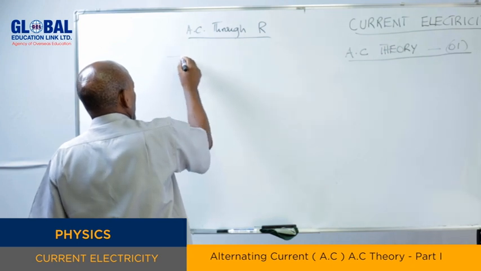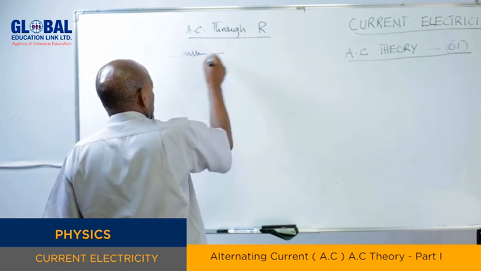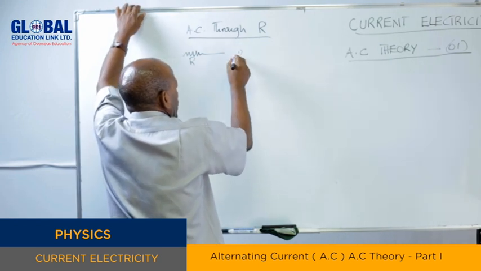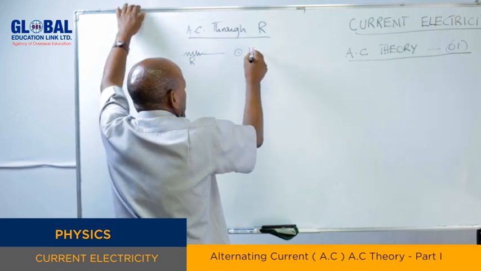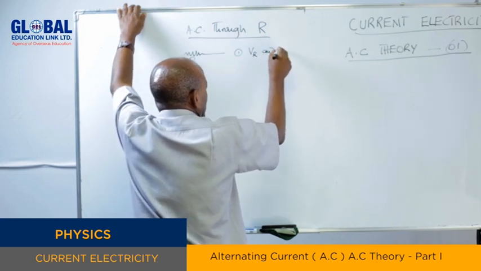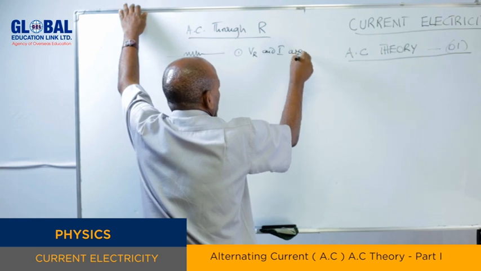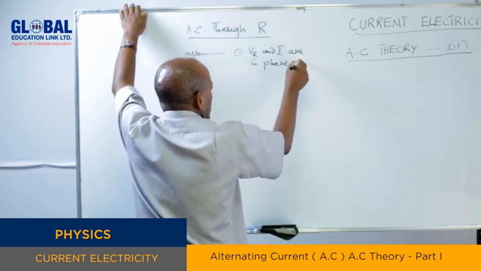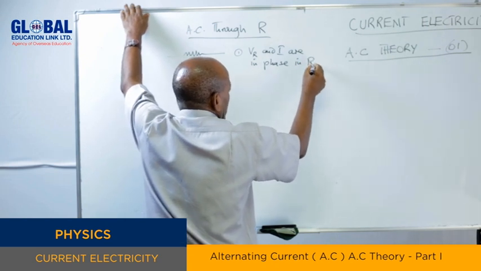So we have our symbol for a resistor like that, and in this case, we are saying that the voltage through a resistor and the current are in phase.